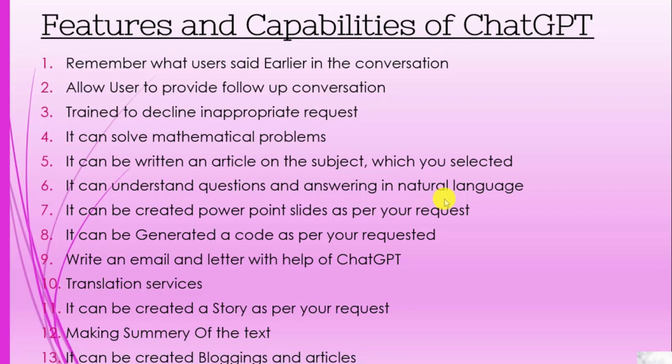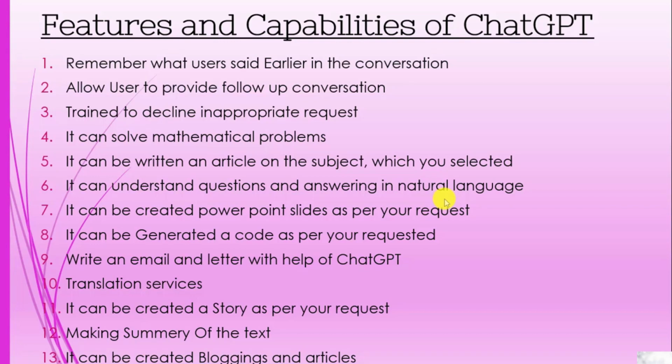The 12th capability is making a summary of the text. It means that if you want to make a summary, you can ask ChatGPT to make the summary of this text, and it will give the points as well.